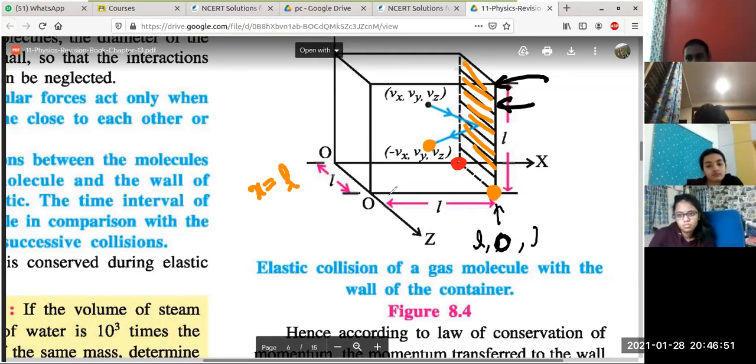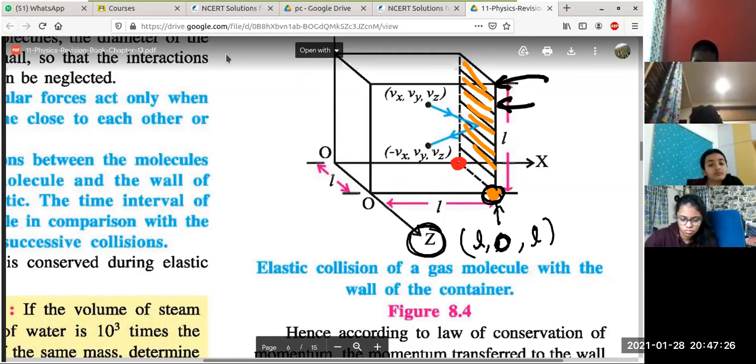Which one? There is only one orange point. So it's L comma 0 comma L. नहीं समझ में आया क्या ये? I got L comma 0. Where's the Z axis? Z axis है. So O is the origin, right? Okay. Now you understood why it is L comma 0 comma L.